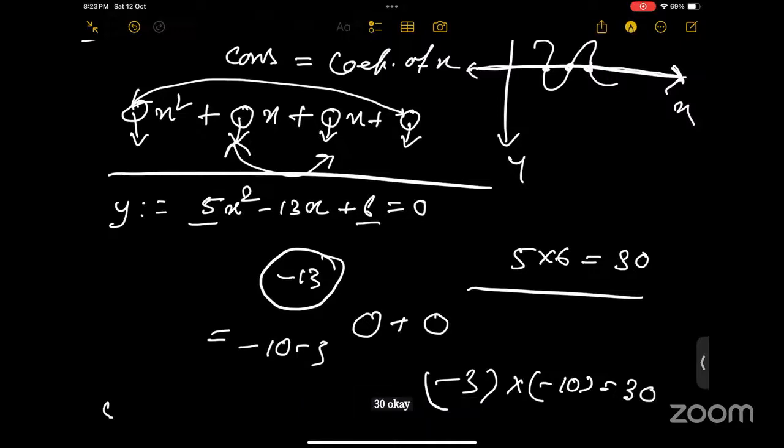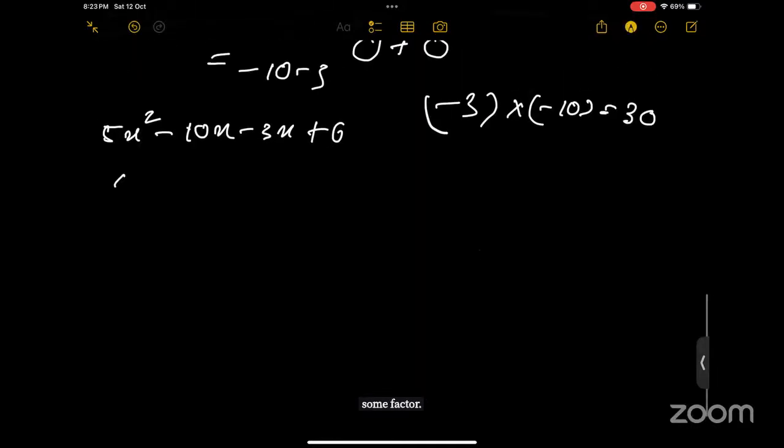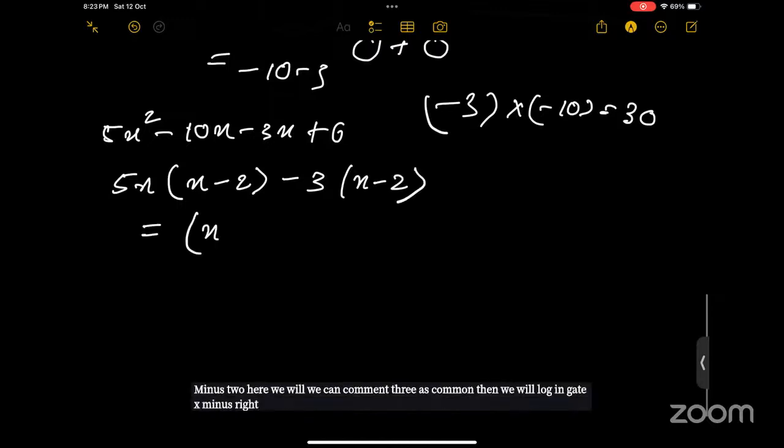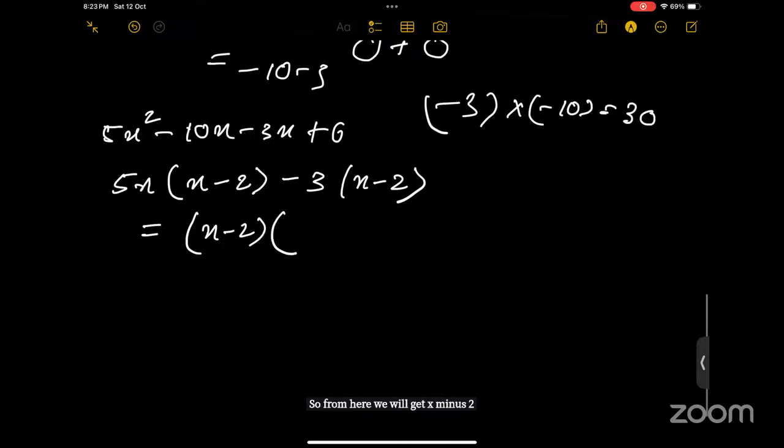So we can break them x squared minus 10x minus 3x plus 6. Then we can take common some factor. So we can take 5x as common, then we will get x minus 2. Here we can take 3 as common, then we will again get x minus 2, right? So from here we will get x minus 2 and 5x minus 3.